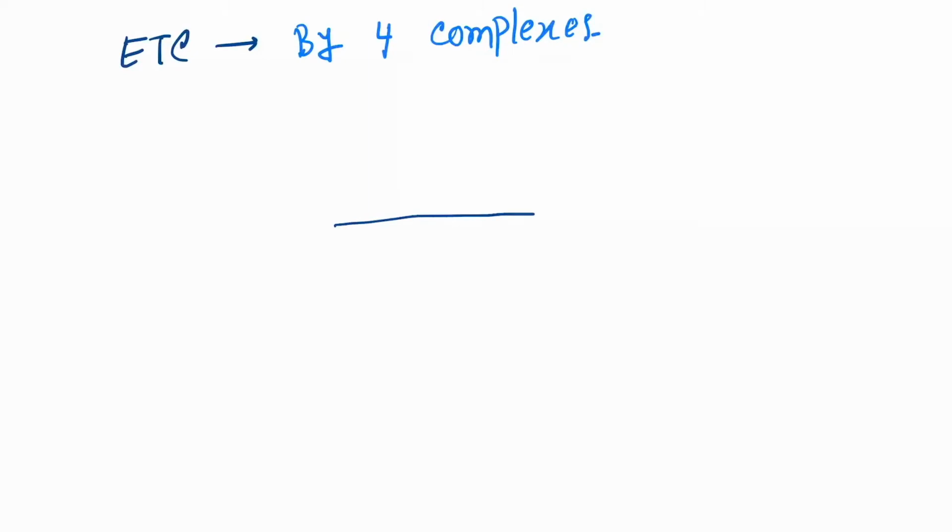Okay, so let's look at the electron transport chain. It occurs by four complexes, that is complex 1, 2, 3 and 4. Now let's draw a building.